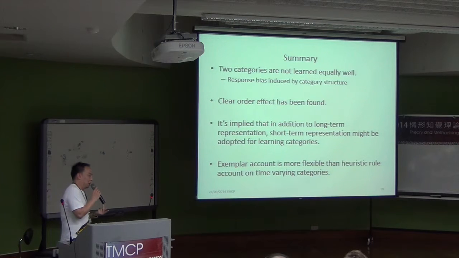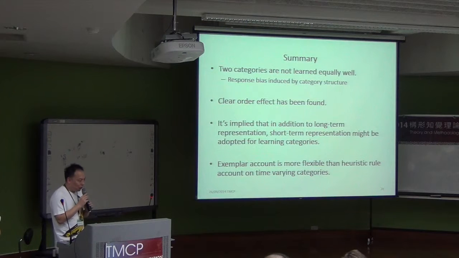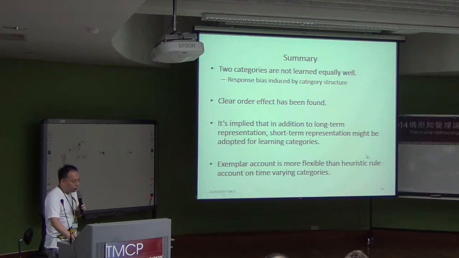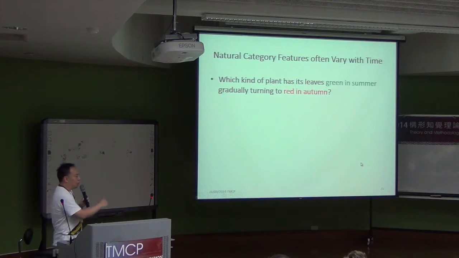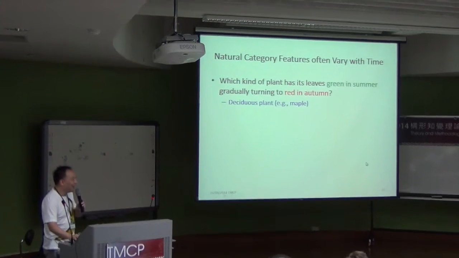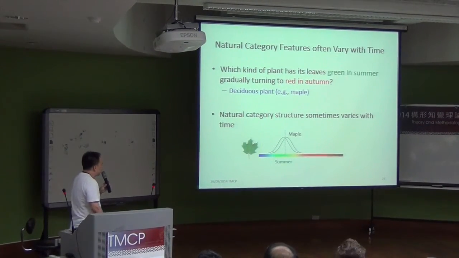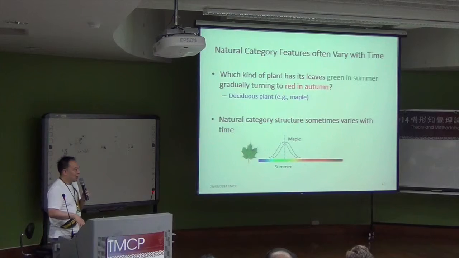The flip of the category structure in nature, I'm not quite sure whether we find it or not. But we do have a lot of examples of features that vary with time in the natural category. For example, if I ask you which kind of plant has its leaves green in summer and gradually turn red in autumn, then you probably say, well, that's a maple.